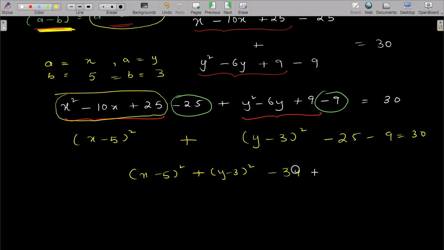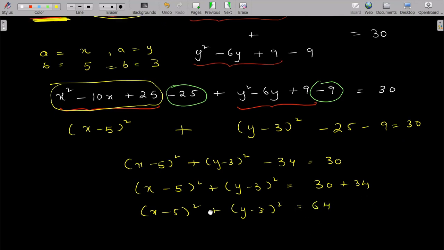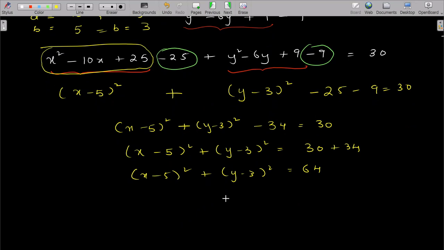Negative 34 is equal to 30. And then we add 34 on both the sides to get 30 plus 34, right? And we finally get 30 plus 34 is 64. So finally we have converted the equation into standard form.